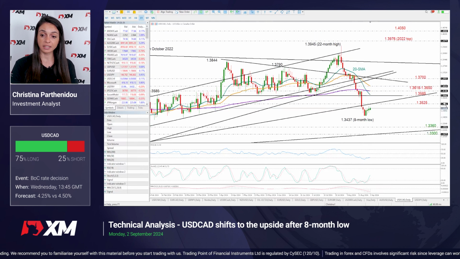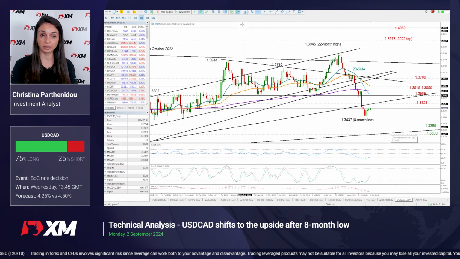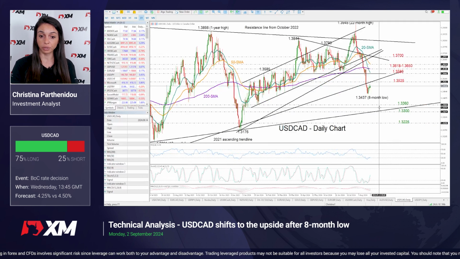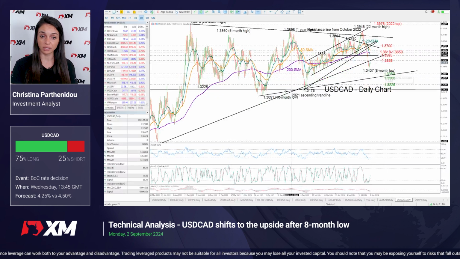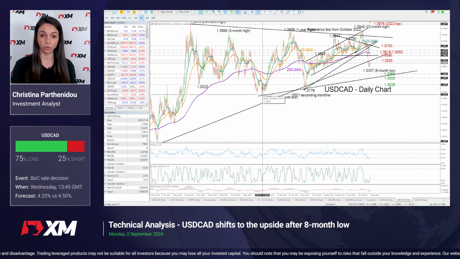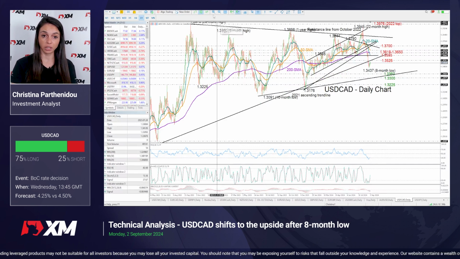However, if the price rotates lower, breaking below the 8-month low 1.3437, the next support could come around the 1.3360 former barrier, while slightly lower than that, the 1.33 region might be a key area to watch, as this is where this ascending supportive trend line from mid-July of 2023 is located.